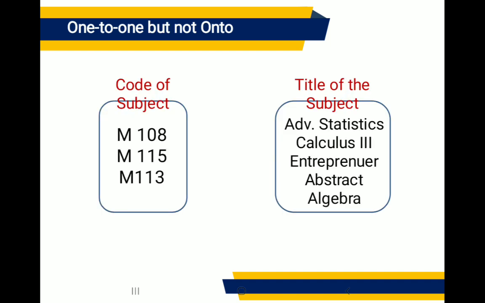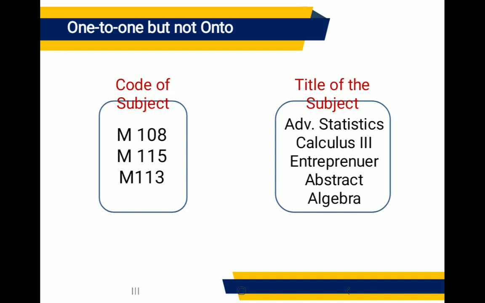Next, one-to-one but not onto. So sa X natin, meron tayong code of subject, and sa Y natin, meron tayong title of the subject. So sa code of subject, meron tayong element na M108, M115, and M113.